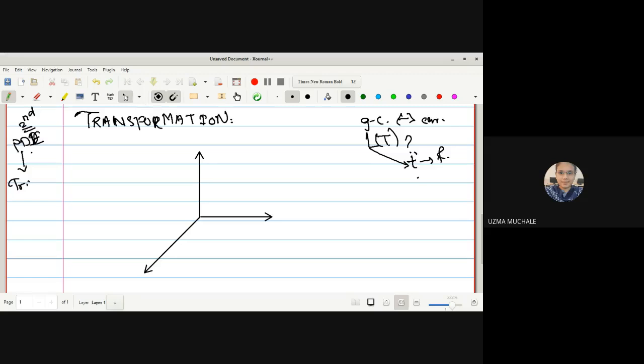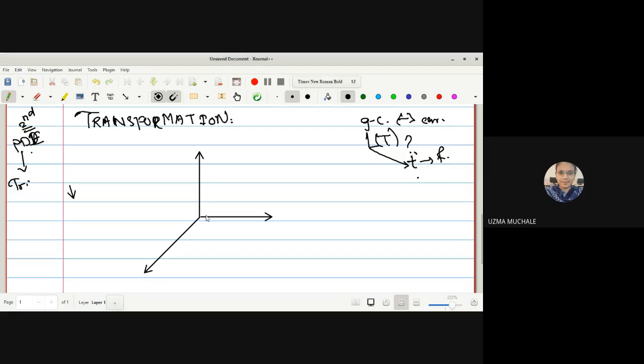this is our xyz axis. Now suppose this is our xyz axis.